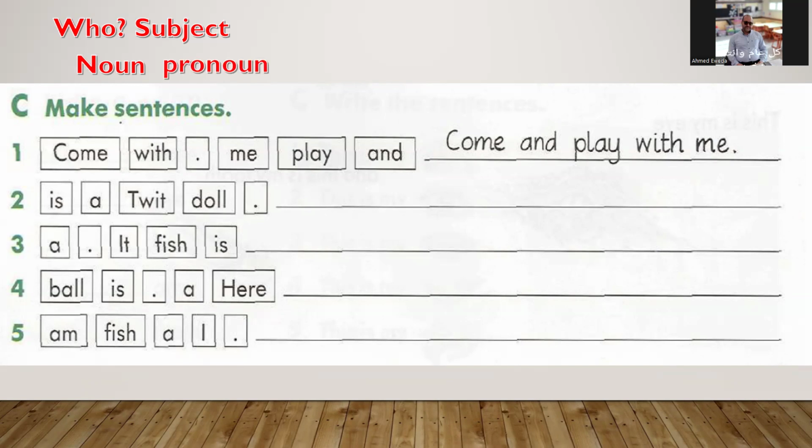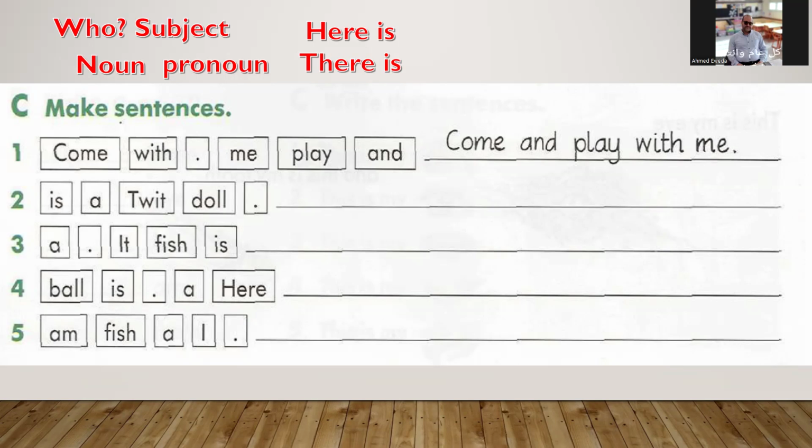So the subject may be a noun or a pronoun. Some expressions we can use instead of the subject, like here is or there is.